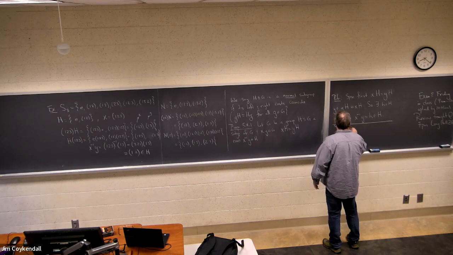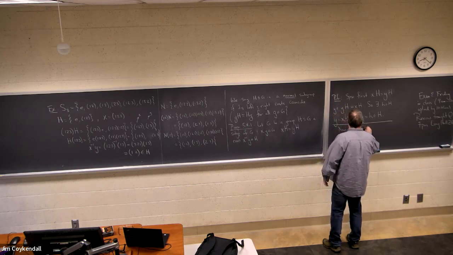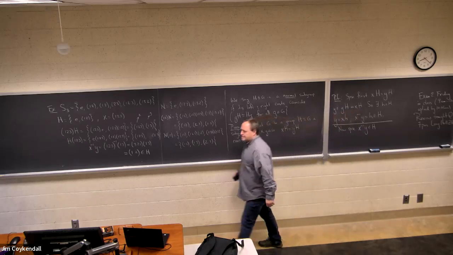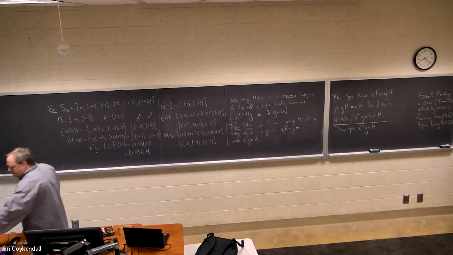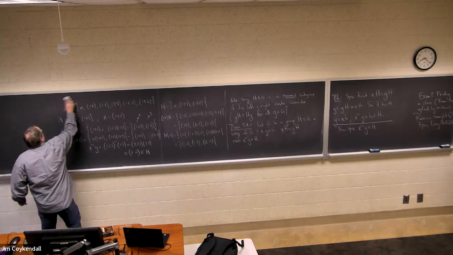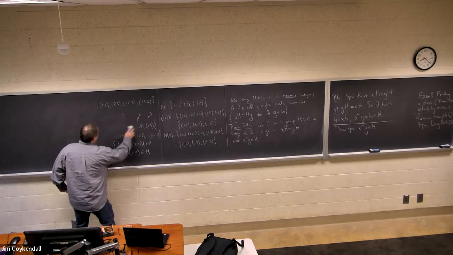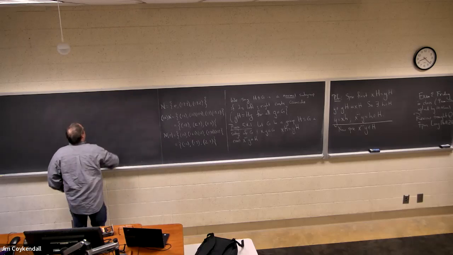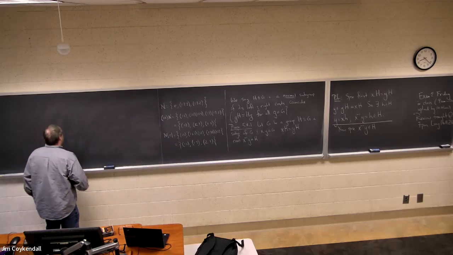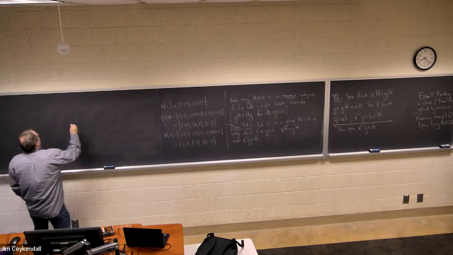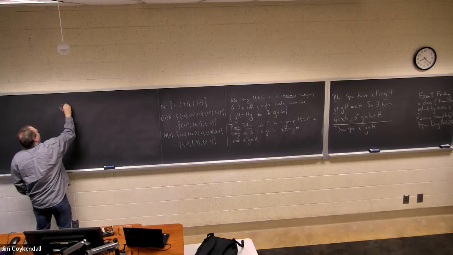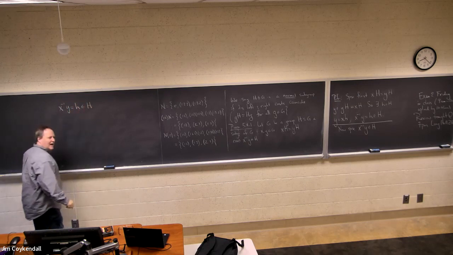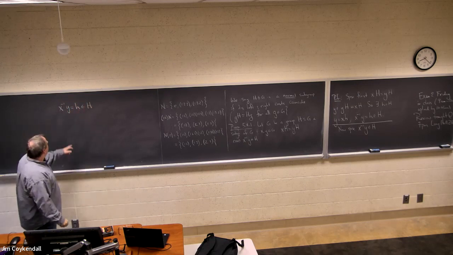So let's go the other direction. Now suppose X inverse Y is in H. Well, this means, let me write out something, I like to write down things that help me navigate.